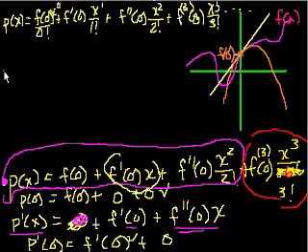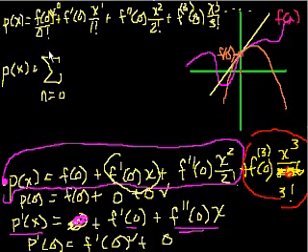So we are going to define this polynomial p of x to be the infinite sum. Let's start with n is equal to 0, and we're going to go to infinity. And what is each term?